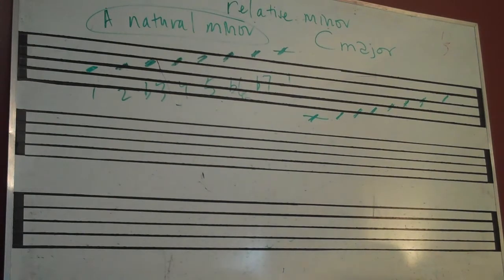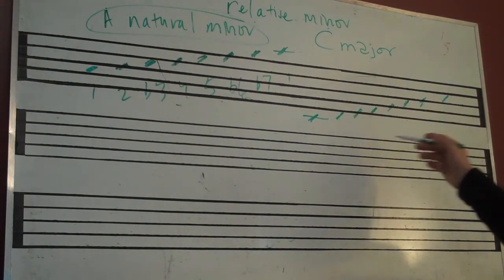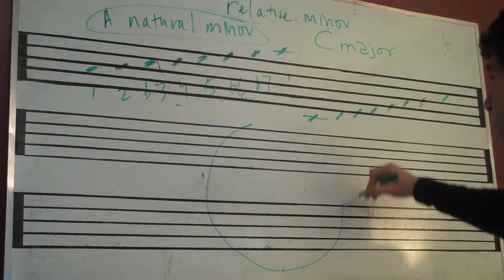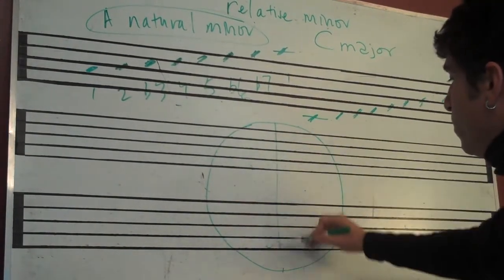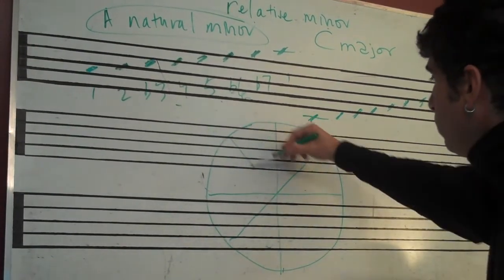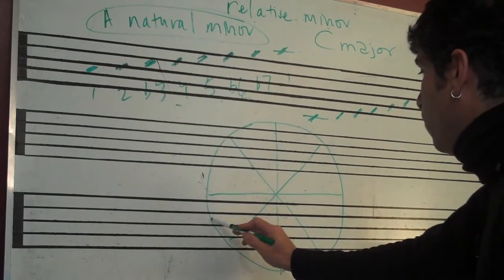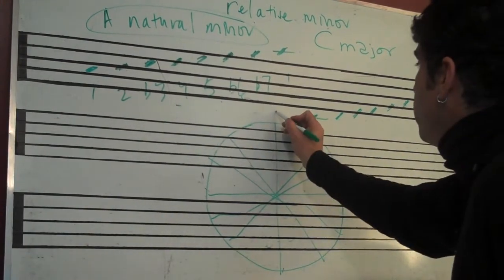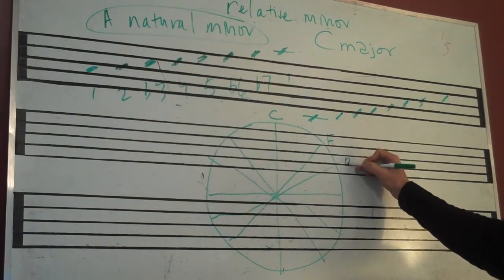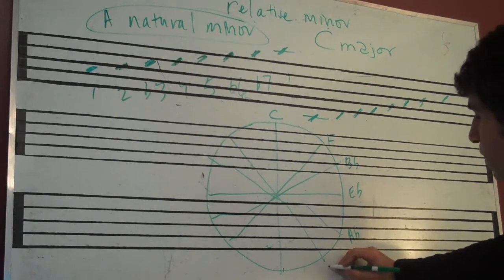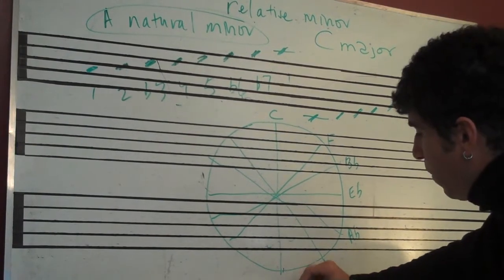So then, if A natural minor is related to C major, then we can, I know we've done this a bunch of times, but this is just a continuation of the circle of fourths and fifths, right? C, F, B flat, E flat, A flat. I think you can see kind of where I'm going with this.